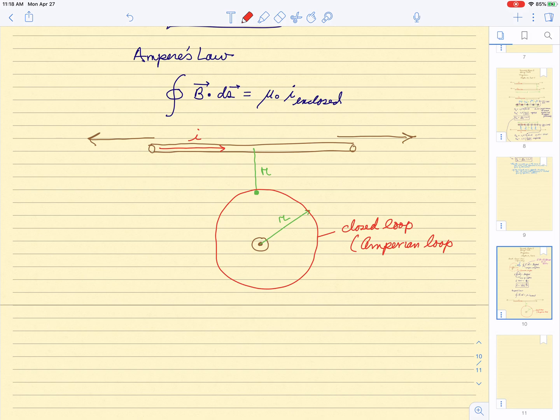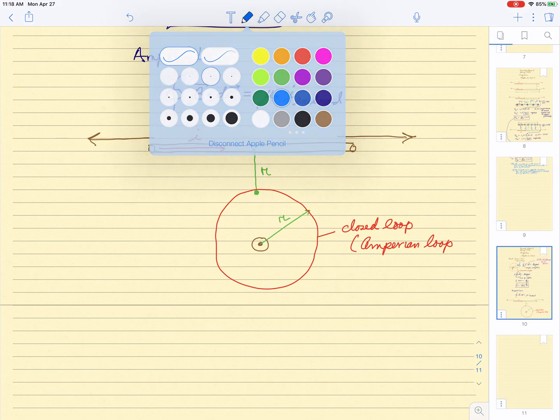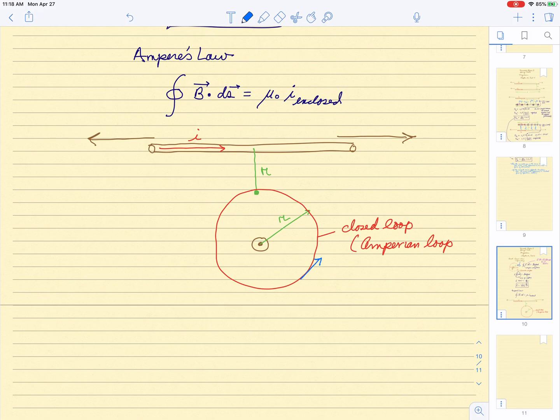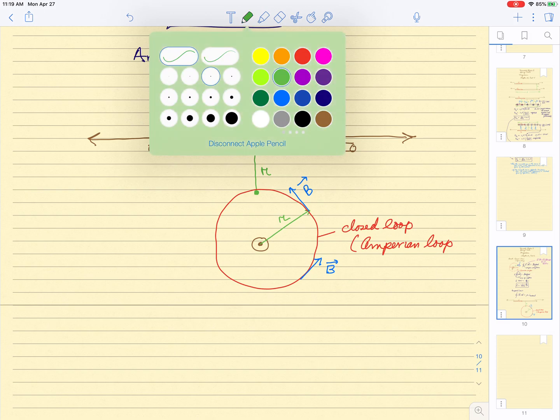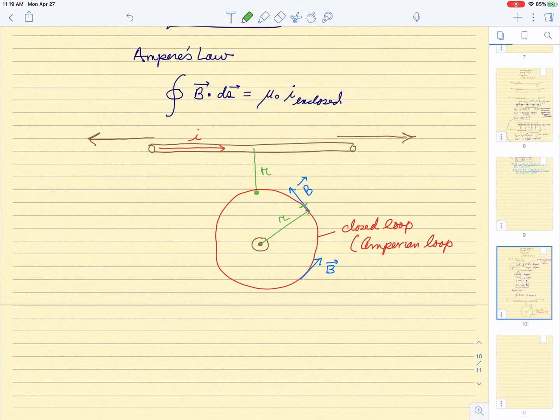And we know that the magnetic field is going to be tangent to the circle at all places here. So here's the magnetic field at just two places. And we also know that ds, this would be ds along that loop. Here's some ds.